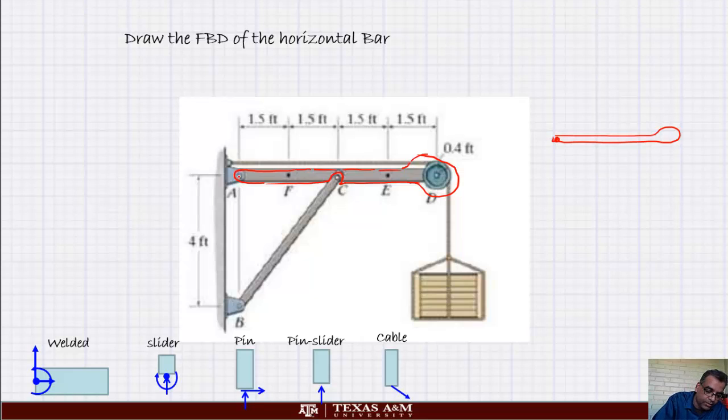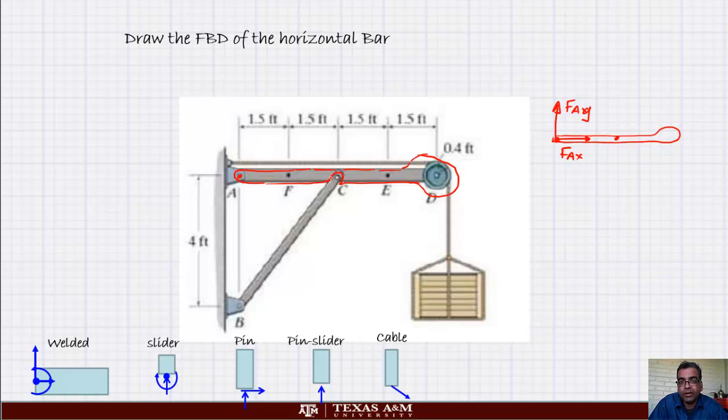At point A, there's a pin joint. I don't care about the rest. I will blindly put FAX, FAY. Then at point F, there's nothing. At point C, there's another pin joint. Later, as we get more experienced, we will start using more detailed and cleverer analysis.